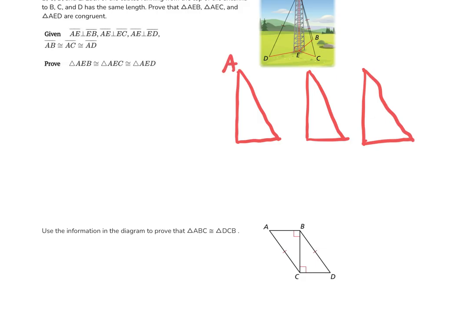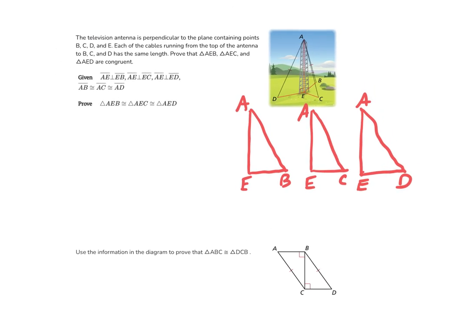Okay, so this one's going to be AEB, AEC, and then AED. B, C, and D are the three points where it's tethered to the ground. Fixed point where you're going to tie that cable to it. AE is the post, the middle of the tower.